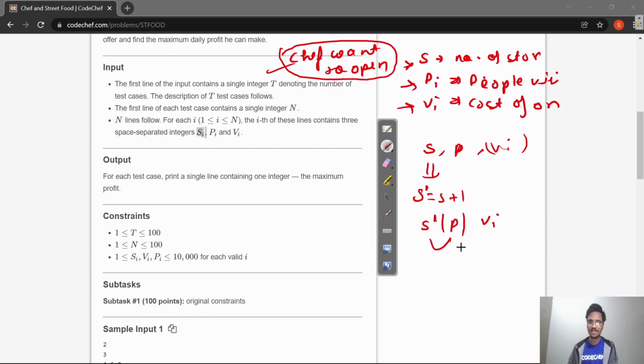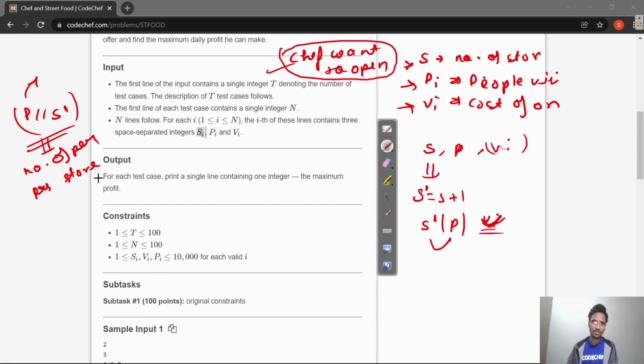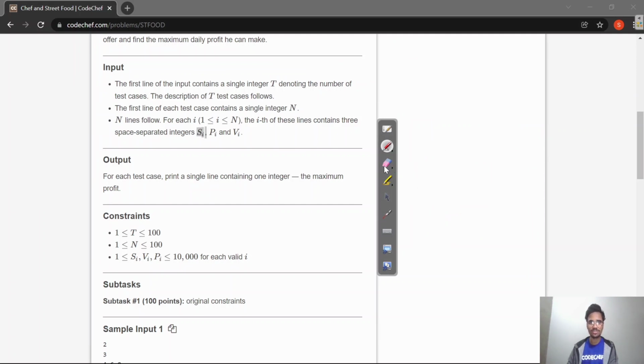First of all we need to divide these persons among the stores, so simply P floor division S'. This is the number of persons per store. One person will buy one piece, so V is the cost, and our answer will be P divided by S' into V. Chef can open any of these n types of stores, so let's check which gives him the maximum profit.